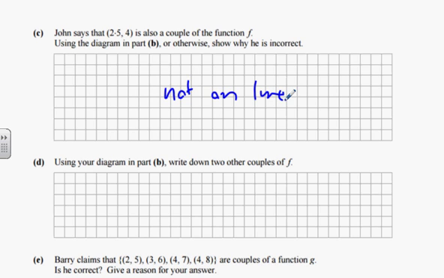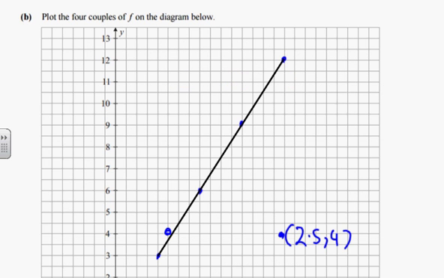Write down 2 other couples. Anybody? 2 other couples using our graph. What about that point there? What's that? Could it be 10, 14?